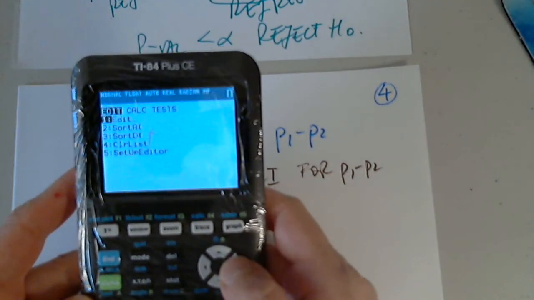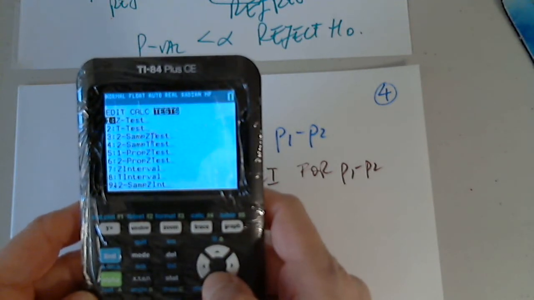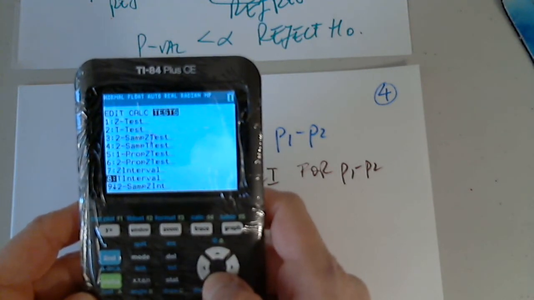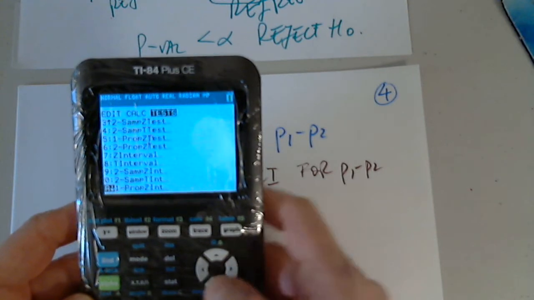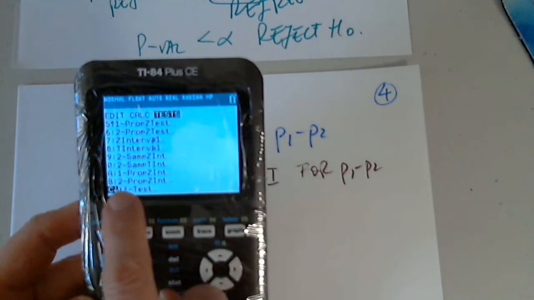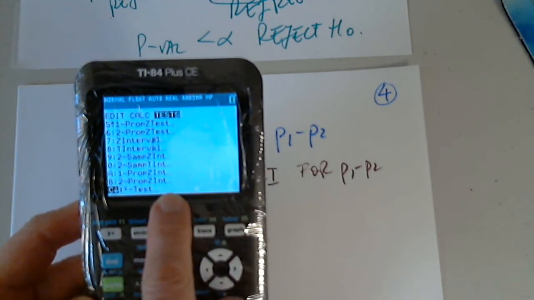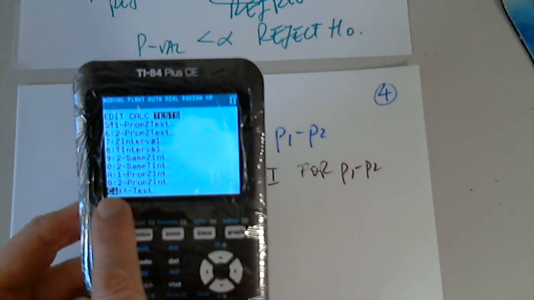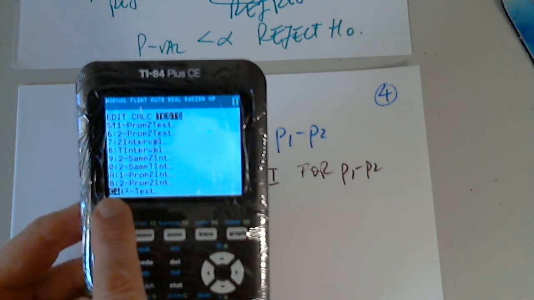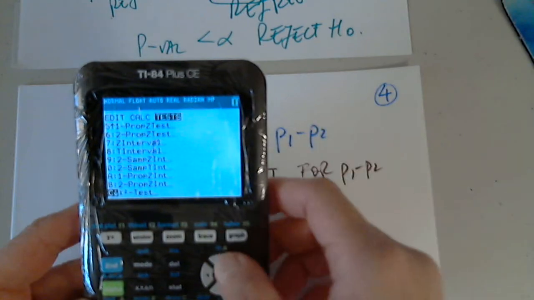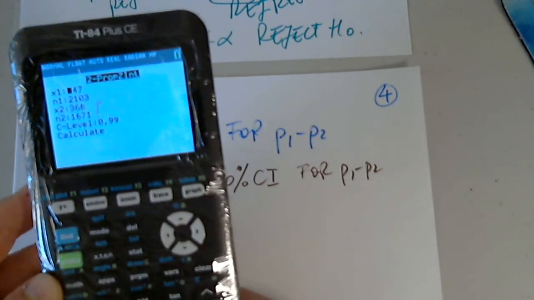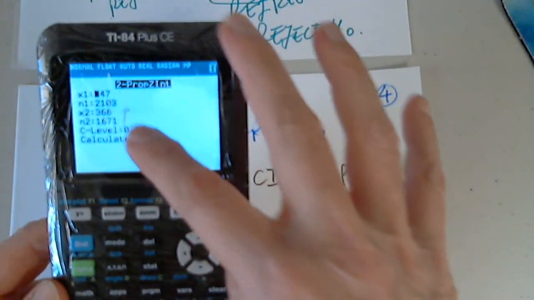So go back to stats, tests, and now scroll down carefully. We want 2 proportion z interval. It's B in my calculator. I'm not sure, I hope it's B in your calculators. So that's what we want to use. All the information is there.